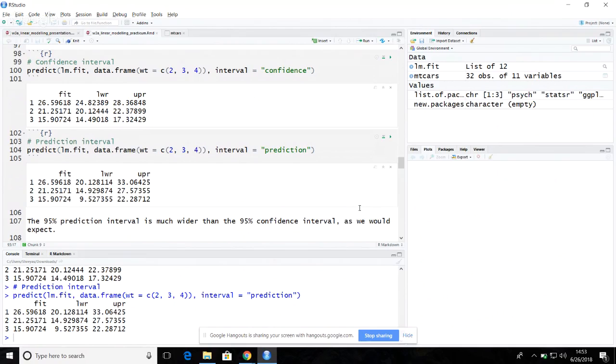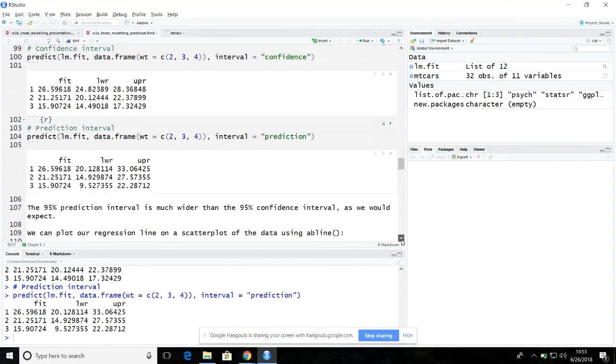Your prediction interval will always be wider because there's greater uncertainty associated due to the error term, because we are trying to predict the true value and not just the expected value. So you'll notice all the prediction intervals are much wider than the confidence intervals. That makes sense.